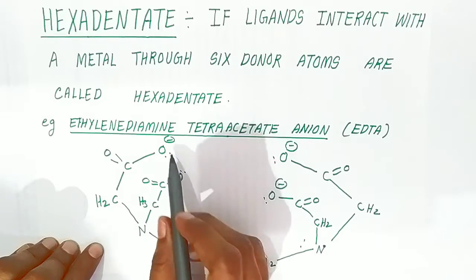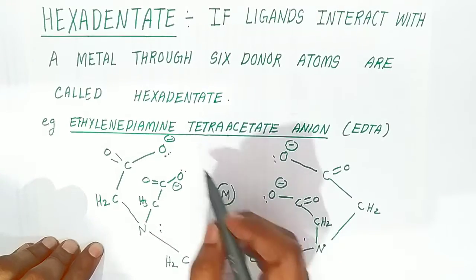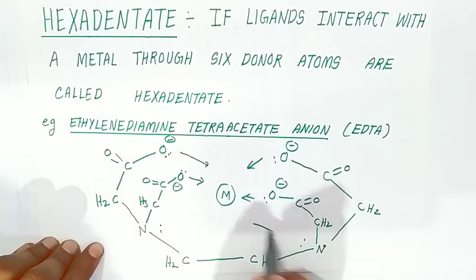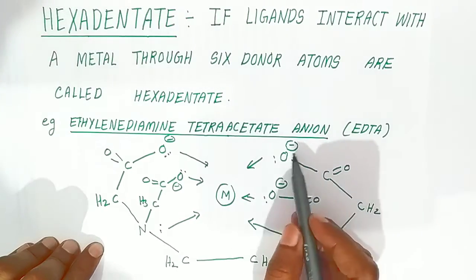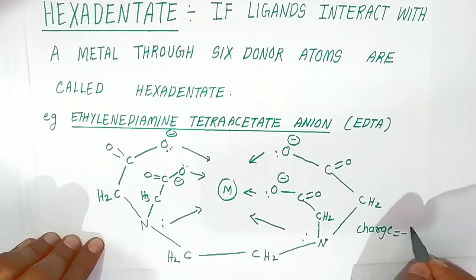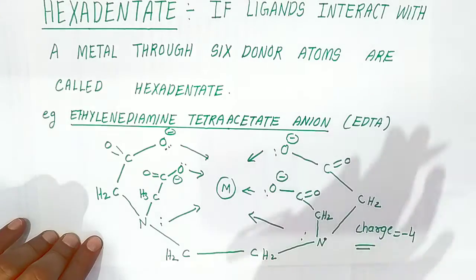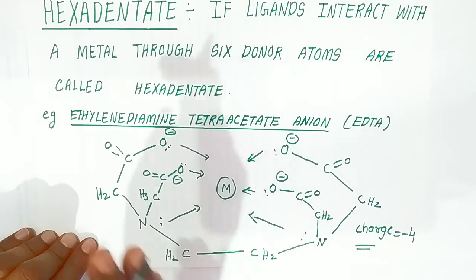When you count the total lone pairs, students, how many are there? 6 lone pairs are there, and the metal will be at the center. This way they will donate the lone pair to the central metal atom. Now when you count the total negative charge, how much is it? Total charge is -4. So the ethylene diamine tetraacetate anion has a total of -4 charge. So this is the structure, students, we have seen of the hexadentate ligand.